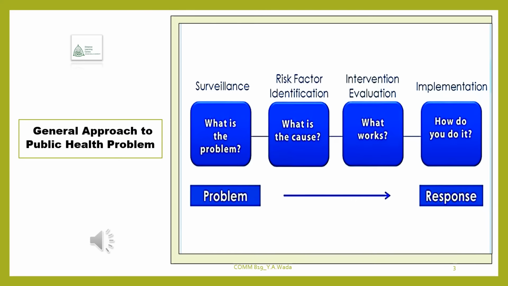After we've addressed what is the cause and identified risk factors, we then ask what intervention works to address this problem. We think about what interventions have worked in the past and whether this intervention can be applied to the present situation we are investigating.